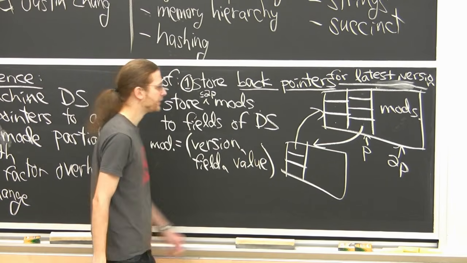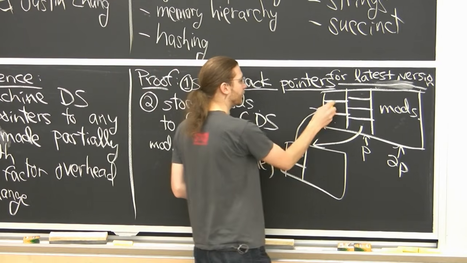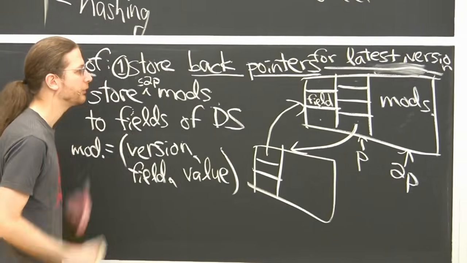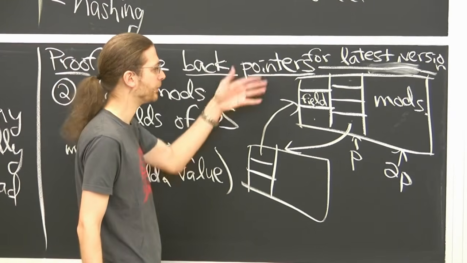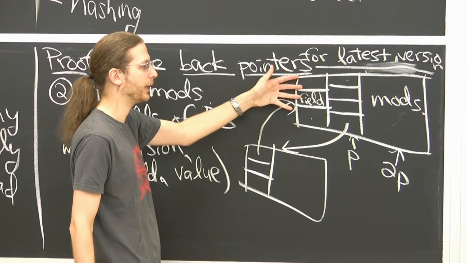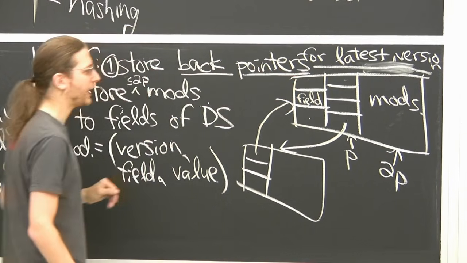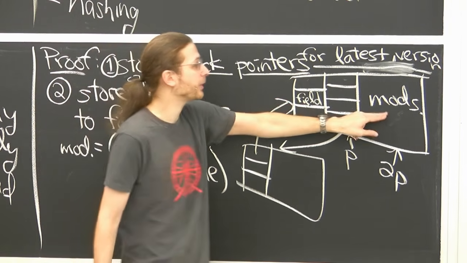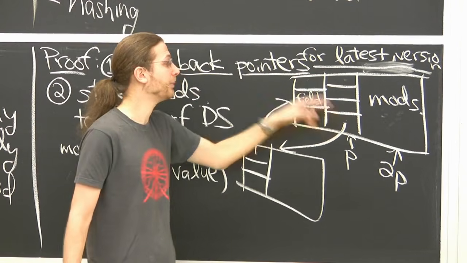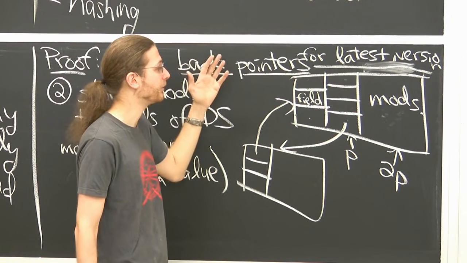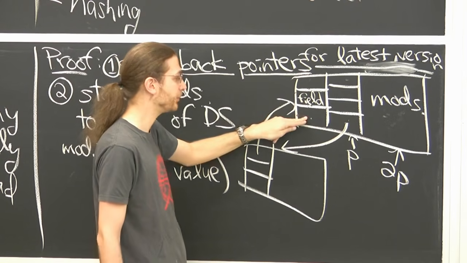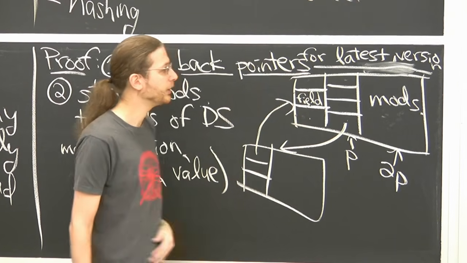Okay, so the idea is that these are the fields here. We're not going to touch those. Once they're set to something, or whatever they are initially, they will stay that way. And so instead of actually changing things like the data structure normally would, we're just going to add modifications here to say, oh, well, at this time, this field changed to the value 5, and then later on, it changed to the value 7, and then later on, this one changed to the value 23, whatever.